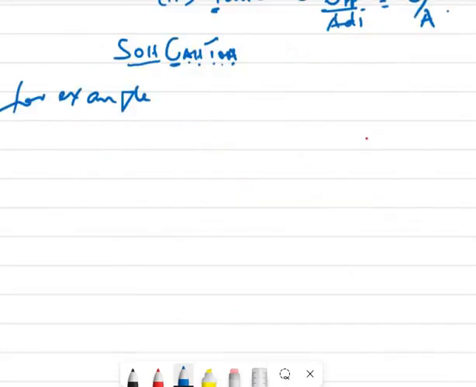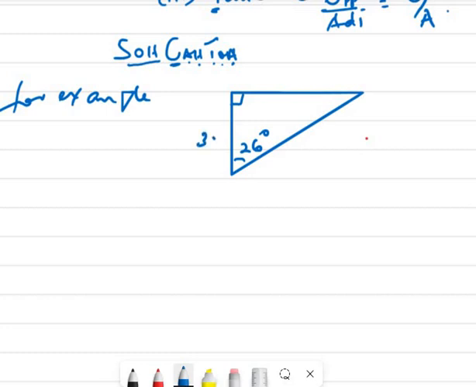For example, given the triangle below, with the right angle around this place here, and the angle here 26 degrees, this one being, let us say, 3.1 meters.